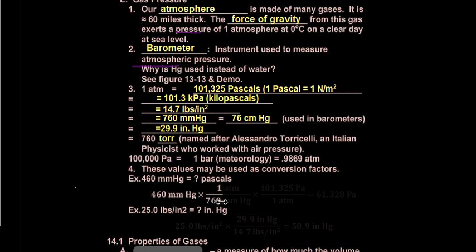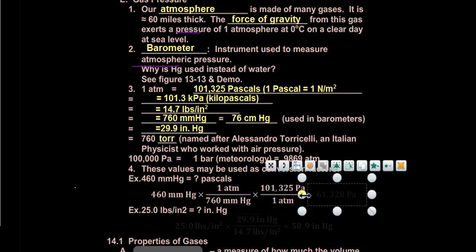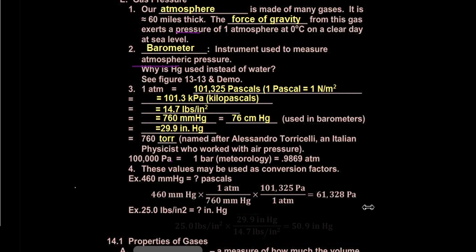And so we can convert to atmospheres. And we also know that 1 atmosphere is equal to 101,325 pascals. And so we can convert to that. And that's going to wind us up with 61,328 pascals. And so that's that conversion.